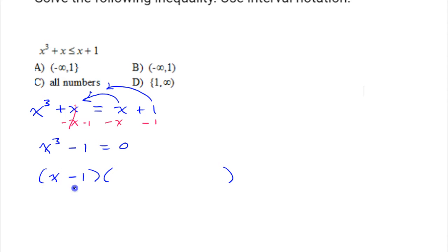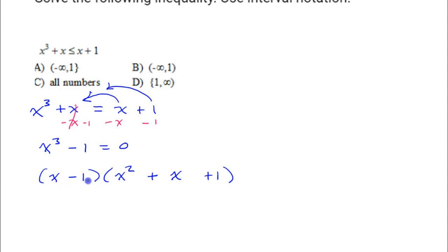Now the trinomial, if I take these and I square them, x squared and positive 1, that gives me the beginning and end. Now if I multiply these together, I get the middle, so 1 times x is just x. However, it's the opposite sign, so if this is negative, then this will be positive. So that's how you would factor this.